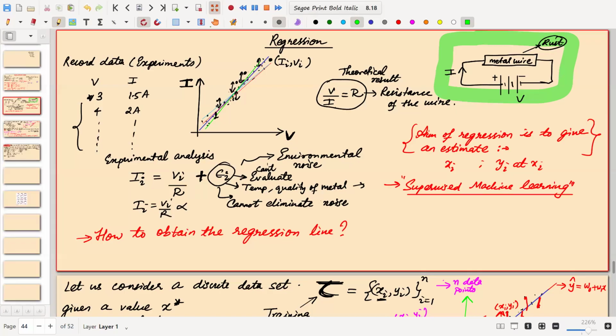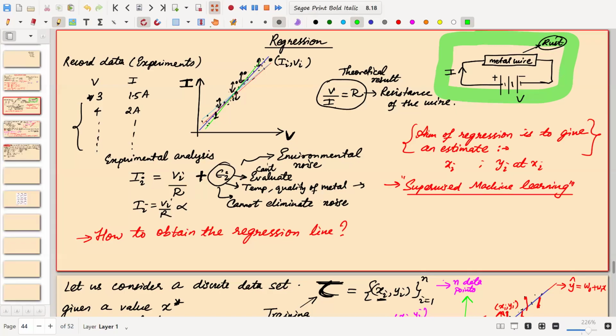So regression is nothing but an estimation. It's not about finding the perfect line or the curve for the formula, but the curve which can best estimate the data you have.